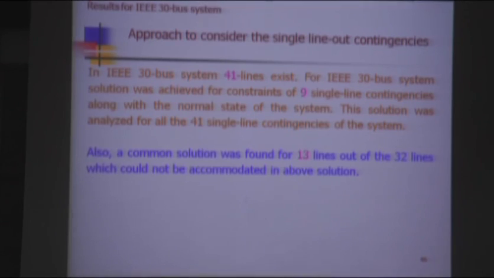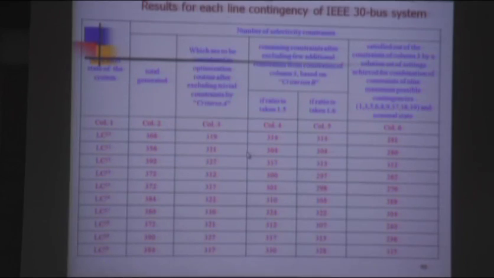We observe that it is not possible to consider all the single line out contingencies. In the research work, it was observed that it was possible to include only 9 single line out contingencies out of the 41. Then we observe by experience how many of those lines are important, and then we set the relays. So this is regarding the setting of relays to provide the optimum protection.